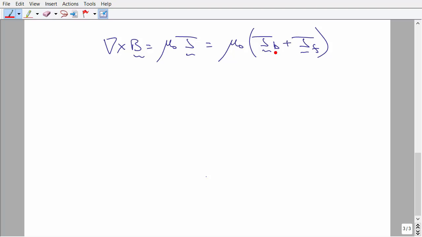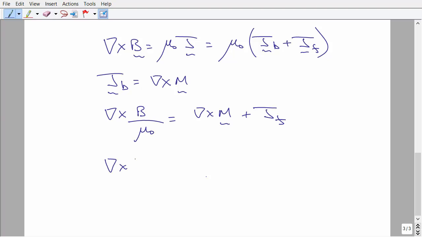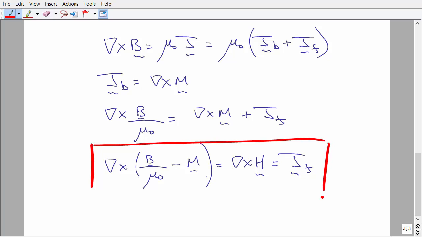And we're going to rewrite this term here in terms of the magnetization. Okay, so there is our analogous development in magnetostatics.